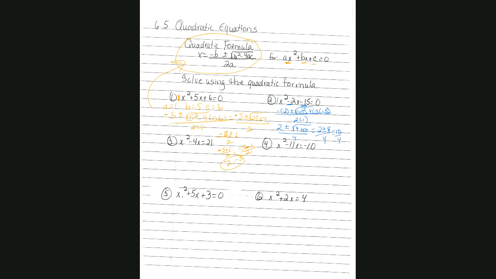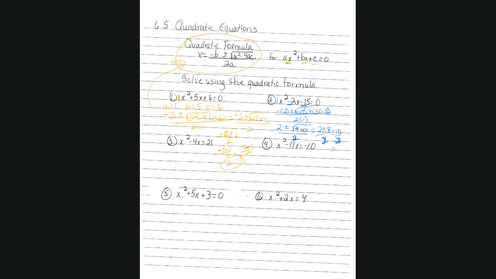And then you have to do, now when I did 4 plus 60, that gave me 64. And the square root of 64 is 8. Oh, and 2 times 1 is 2, right? I'm sorry. So it's 10 divided by 2.